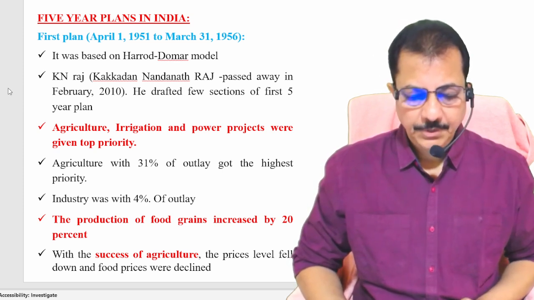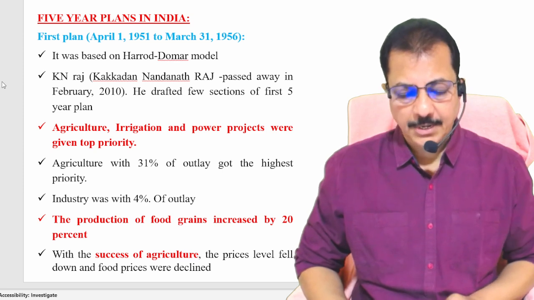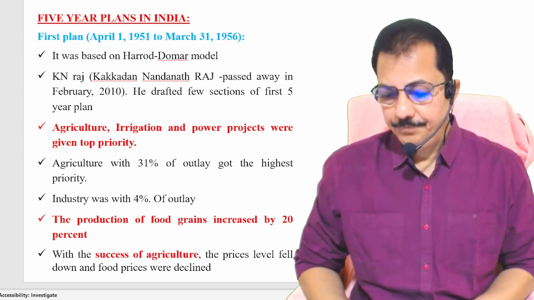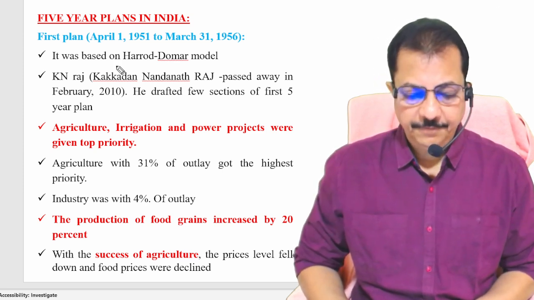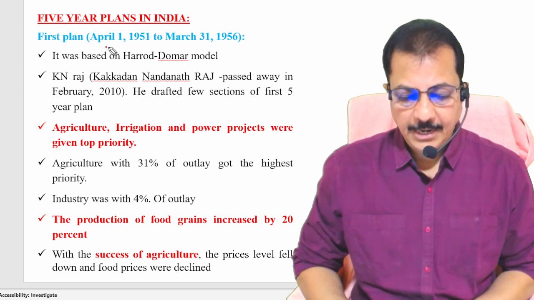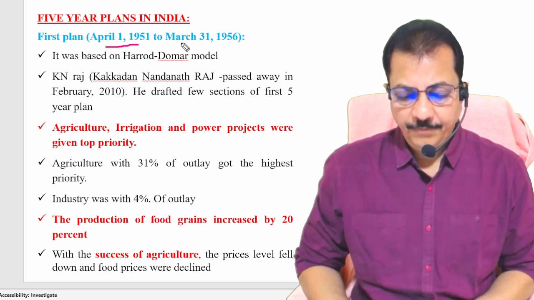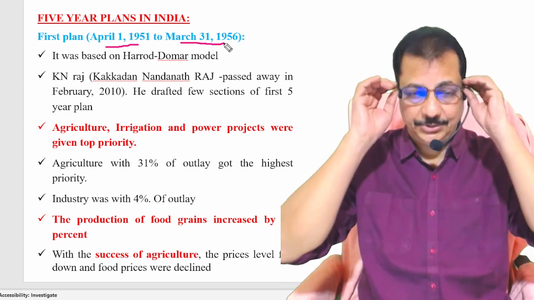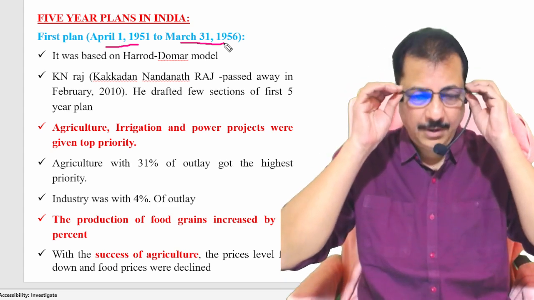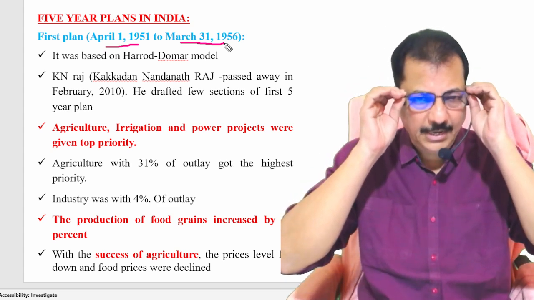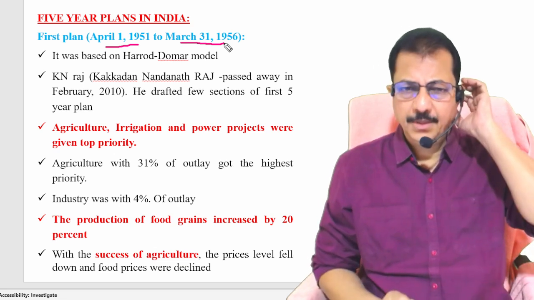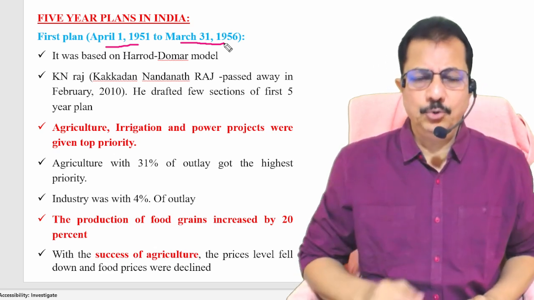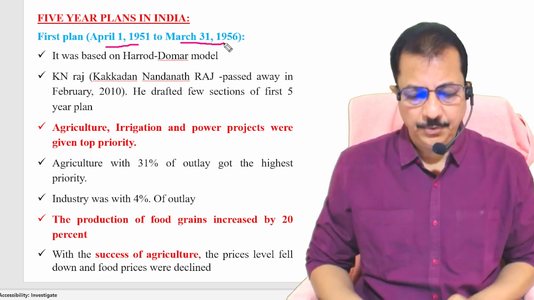So 5-year plans, and here I have given very clearly the first 5-year plan, and the period is very clear. Without making any mistake, please write as it is. Clear? If you are 100% sure that you are very clear with these particular dates, then don't write. But it's always better to put it on paper, as I told you.